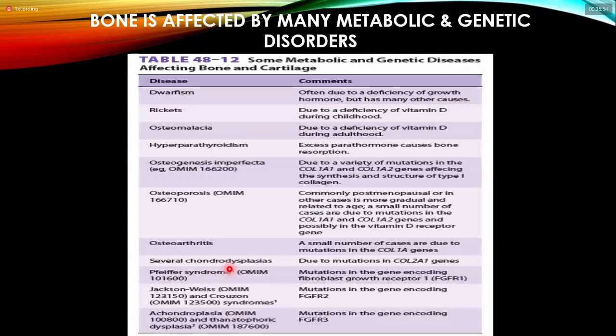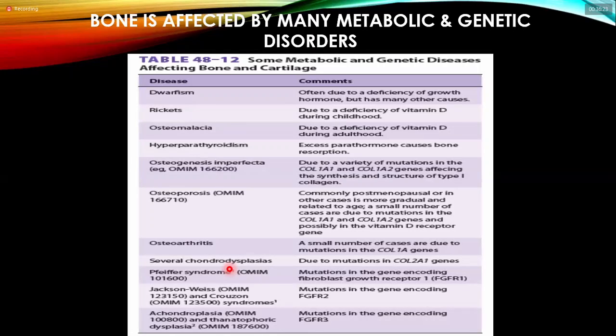Now, if we have certain disorders in bone formation, we will have conditions that are related either to deficiency in certain vitamins, deficiency in enzyme activity, sometimes malformation of the protein itself, or genetic mutations.